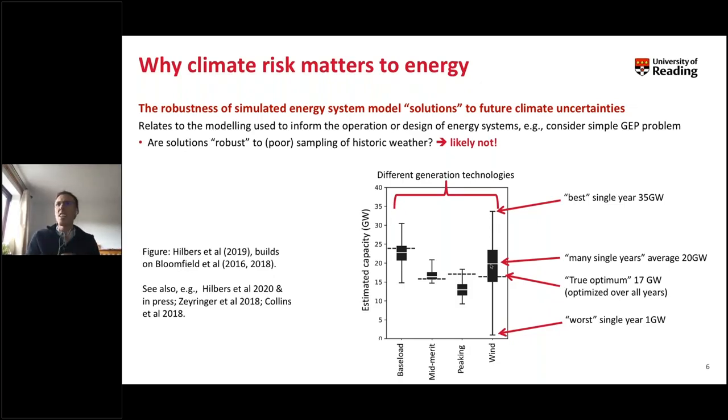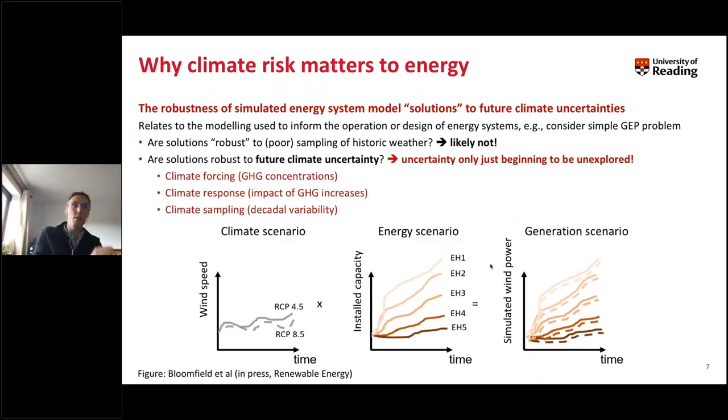So the idea that one or two years' worth of weather data thrown into a power system model gives you a robust solution, from the climate perspective, I think is questionable now. And I think it's really good that we seem to be starting to progress beyond that as a community.